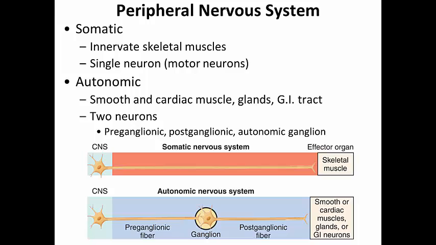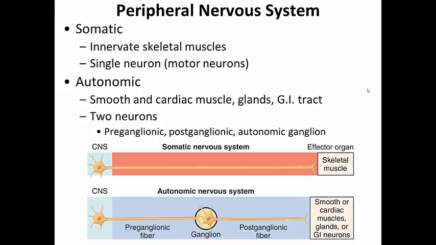The somatic division simply innervates skeletal muscles, and we have a single neuron, the cell body of which is located in the CNS, and it heads out and makes direct contact, as we see on this particular slide, with a skeletal muscle, causing the skeletal muscle to contract. The contracted state of skeletal muscles depends entirely on the activation of this single type of neuron.